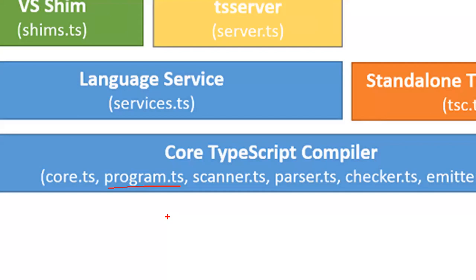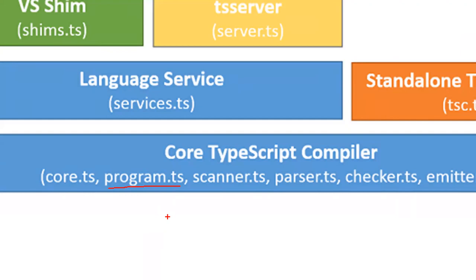If there is a problem, like a missing semicolon, missing curly brace, or missing block, then it will report an error. And the keywords are verified by using core. That means you are writing if, else, switch, case, for, while, do while. All these are keywords. It will verify whether the words you are using are reserved keywords or not. This is all done inside the compiler.